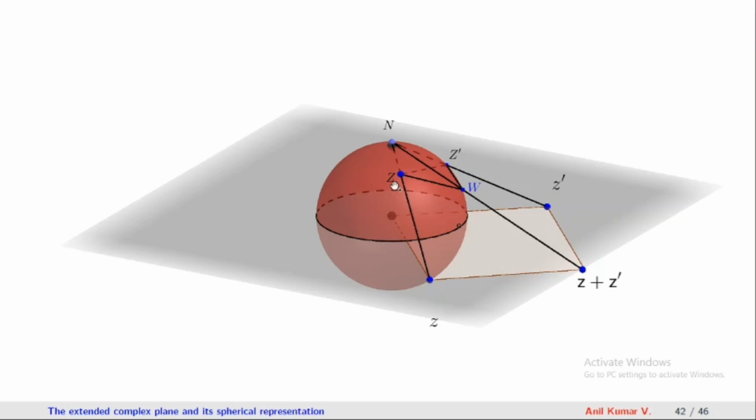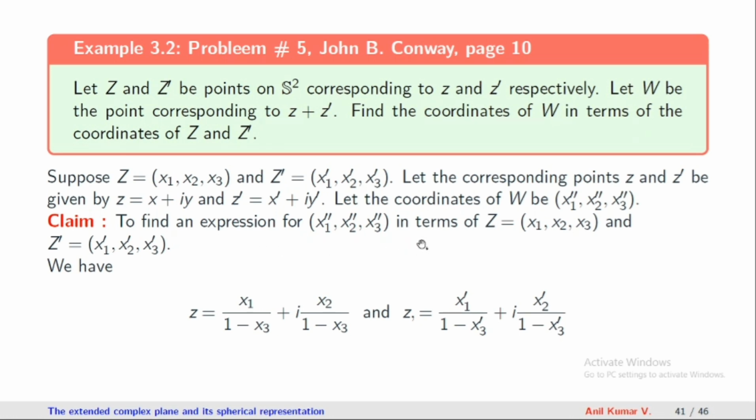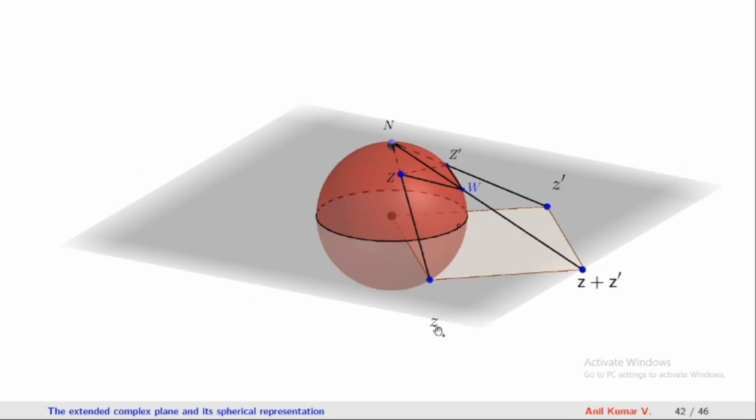Assume that the coordinates of Z be x1, x2, x3 and the coordinates of Z prime be x1 prime, x2 prime, x3 prime, and the coordinates of W be x1 double prime, x2 double prime and x3 double prime. But this z is the image of this capital Z under the function phi inverse.